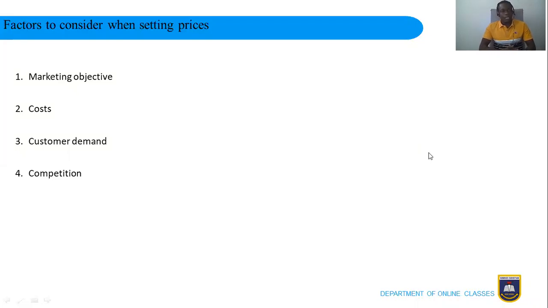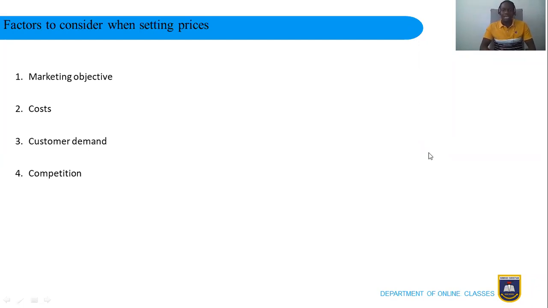All right. Then two, costs. So when we're talking about costs, we are talking about the costs involved in production. Even when we're preparing the cost sheet, costing students, before you add your profit margin, you need to know the total cost that has been incurred in producing the product.